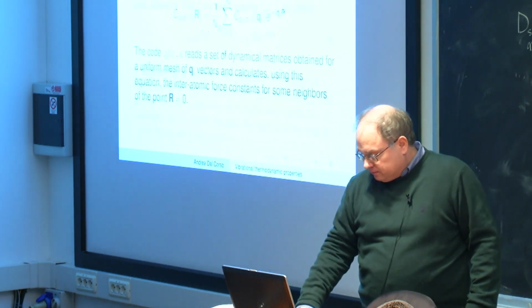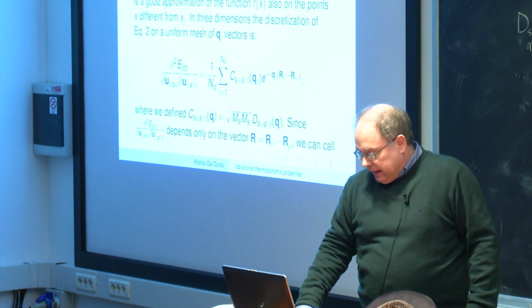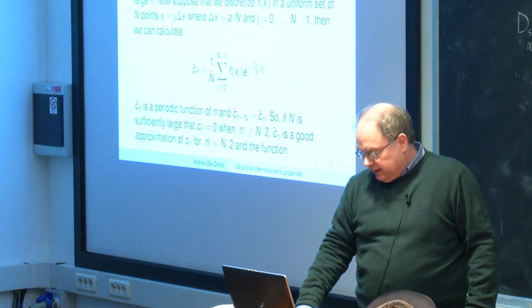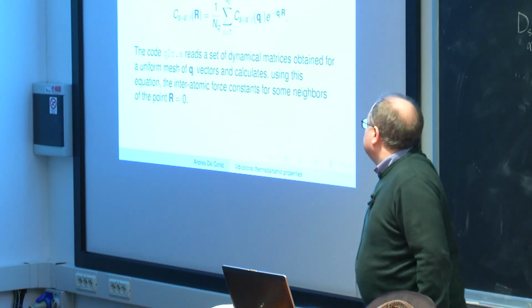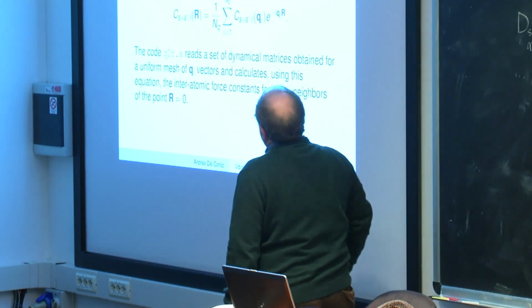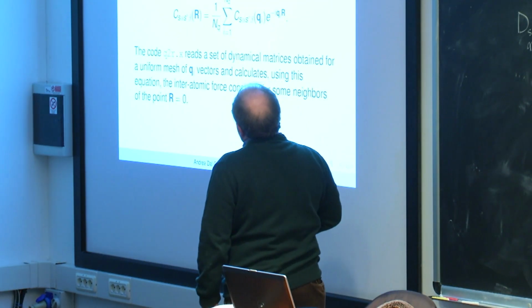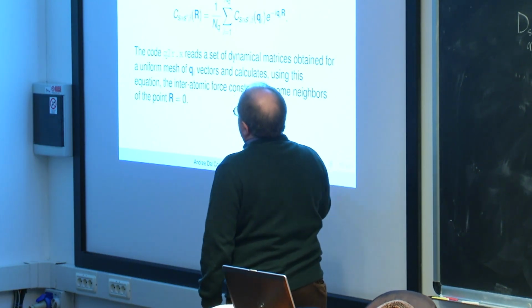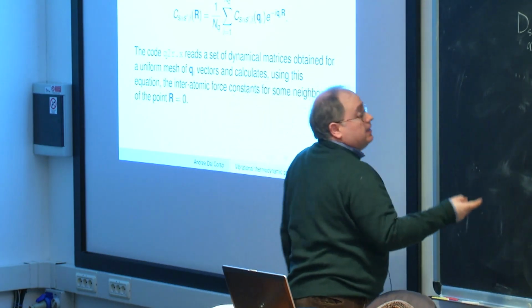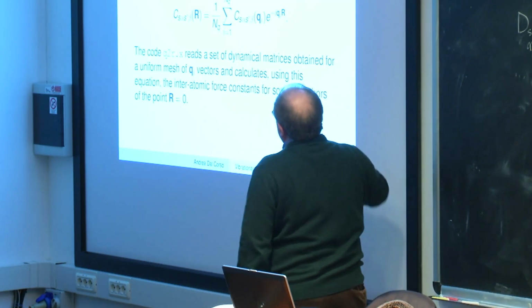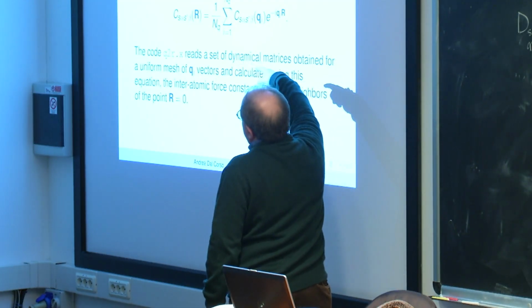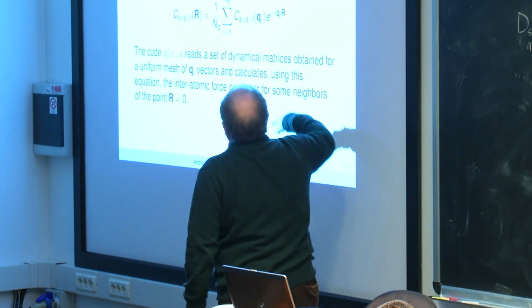So, there are two codes that we have that do this. Q2R is a code that reads the dynamical matrix that we have calculated with DFT in a grid of Q points, and gives the interatomic force constant for the shell of neighbors that corresponds to this grid.